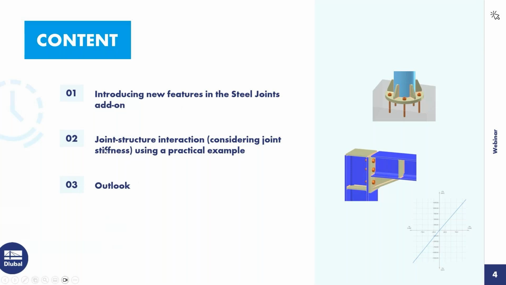Then the second point is joint structure interaction. That's one of the new features. You can consider the joint stiffness, and I will show that on a practical example. And the last point is the outlook. I will show you what we schedule for the future.